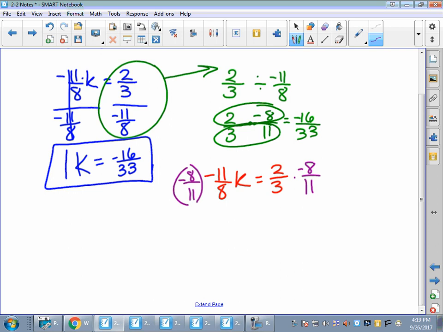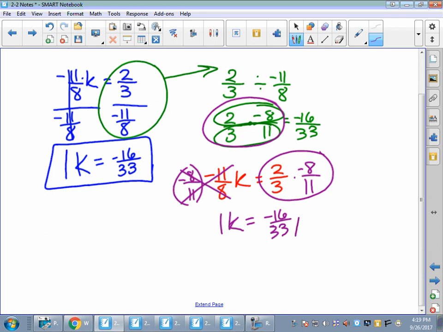I can multiply by the reciprocal, and this -8 and 8 cancel, this -11/11 cancel, left with 1k. And then this work right here is the same work I just showed up above here. So in a sense, the division turns into multiplication of the reciprocal anyway. So I just showed you 3 different ways to do that same problem. Okay, figure out which one you like. Okay, the blue work shows division. The red and purple work shows multiplication. The green here is just showing my work for the division.